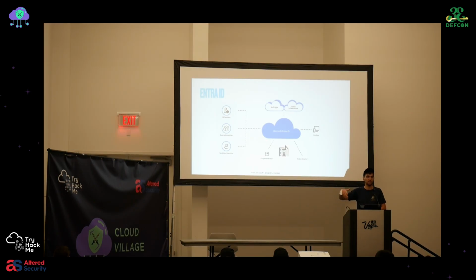These external identities is what I'm going to be referring to as B2B guests. Then you've got workload identities, and we can give those access to applications, and we can also integrate Entra ID with our pre-existing on-prem Active Directory, and then you see devices sitting off to the side, and we're going to get into that after.